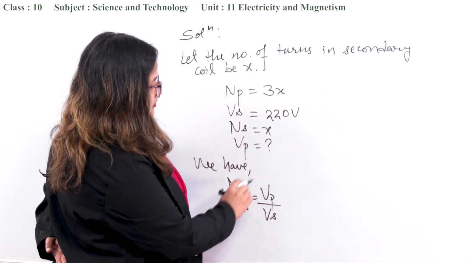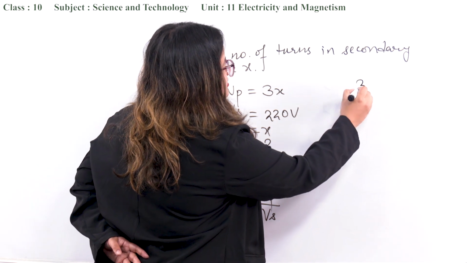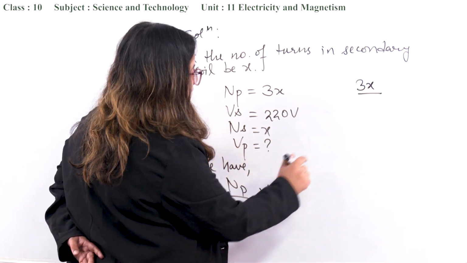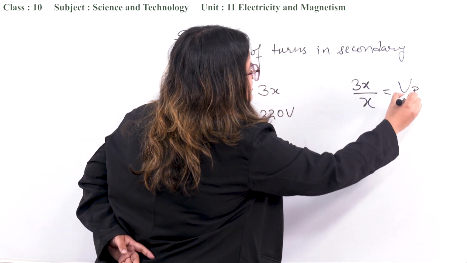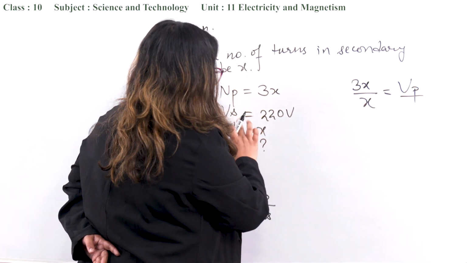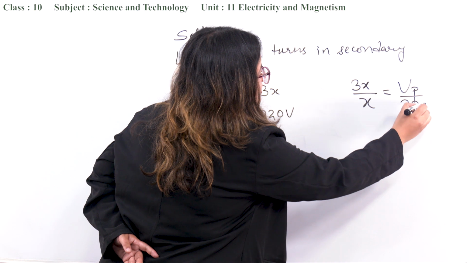So instead of NP, we will write 3X. Instead of NS, we are going to write X. Instead of VP, we have to calculate it, so let us leave it, and VS is 220 volt.